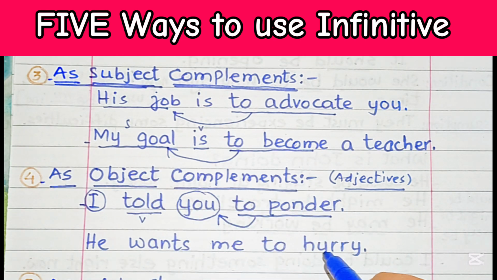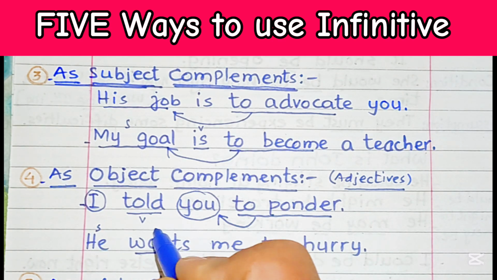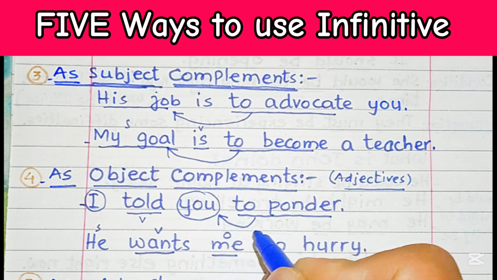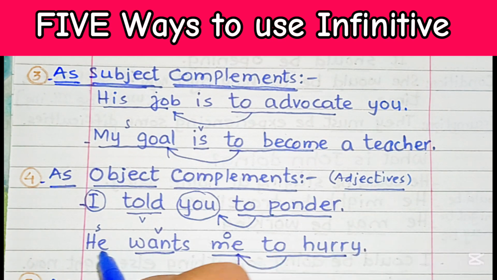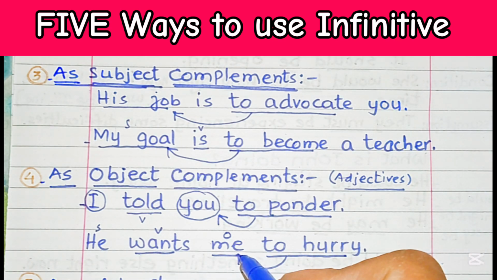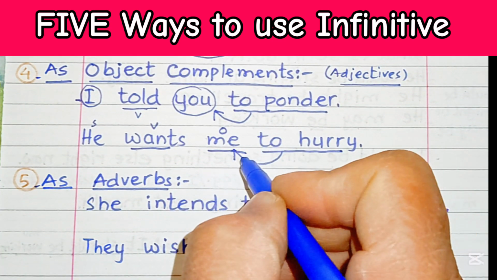He wants me to hurry. Again, over here in this sentence, this is the subject, this is the verb, and me is the object. So "to hurry" is an infinitive that is giving us more information about me, or it is describing me. He wants me. What does he want me to do? He wants me to hurry. This is the answer.